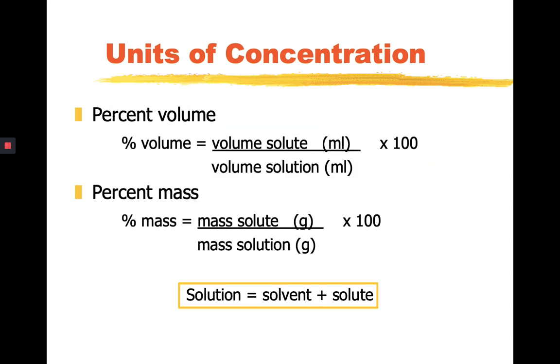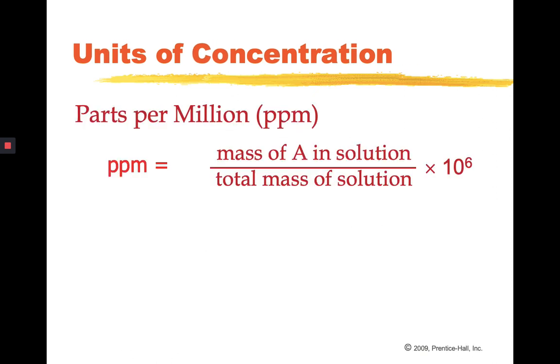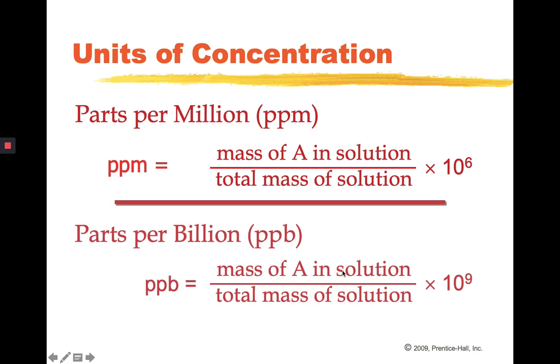Now, an extension of percent is parts per million, which is similar to percentage. It's just that the factor that we multiply is times 10 to the power of 6, because this represents a million. And then parts per billion, especially for very dilute solutions, very trace amounts of solutes in particular solvents.